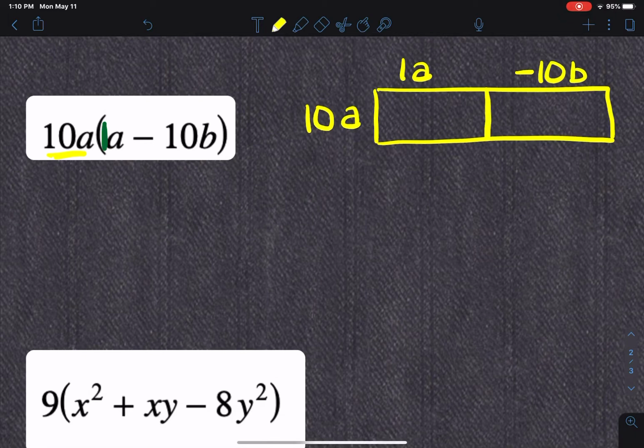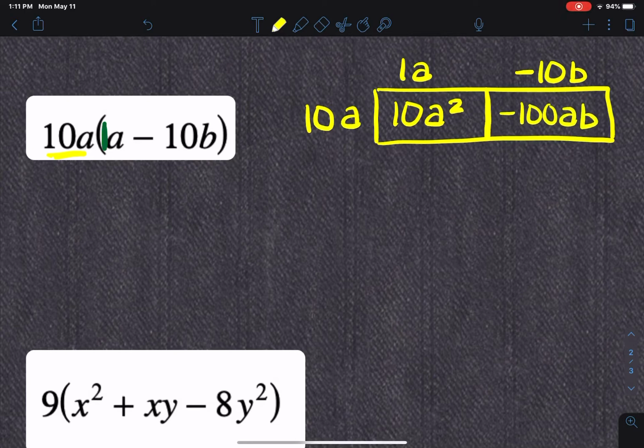Now I'm going to go through and start to multiply. 10a times 1a is 10a squared, and 10a times negative 10b is negative 100ab.